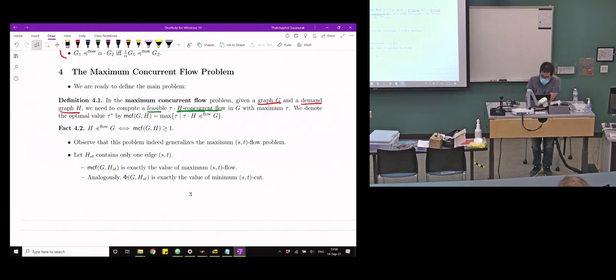But if your demand is just H, it might not be feasible. So you ask, what is the maximum scale tau such that if you scale the demand by tau, the flow is still feasible. You would like to find a feasible tau H concurrent flow with maximum tau.